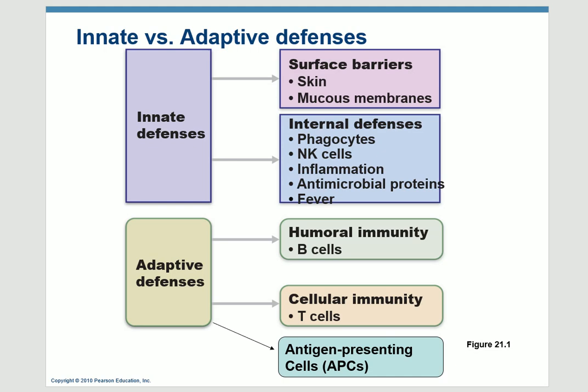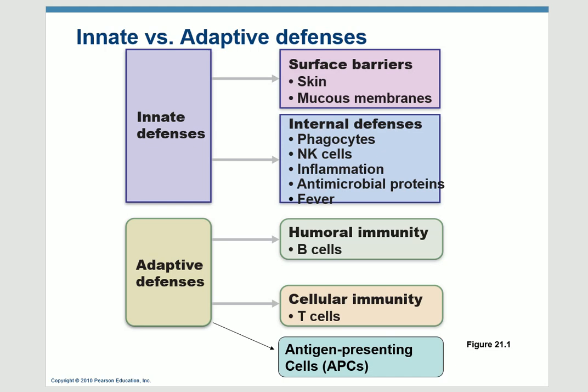Mucous membranes, these are the linings of your nose, your eyes, your mouth, linings of the digestive system. And these create a mucus that keeps you from some of the diseases that your body can get exposed to, that your body can encounter. Then we move on to internal defenses. So the surface barriers were skin and mucous membranes.